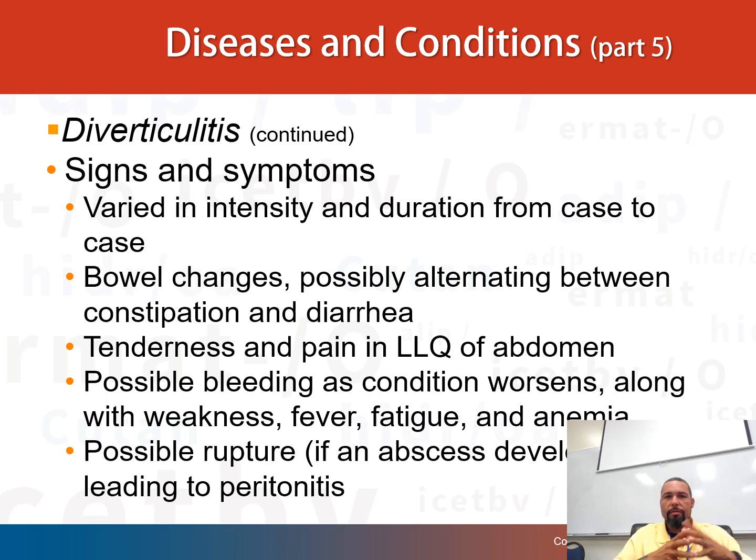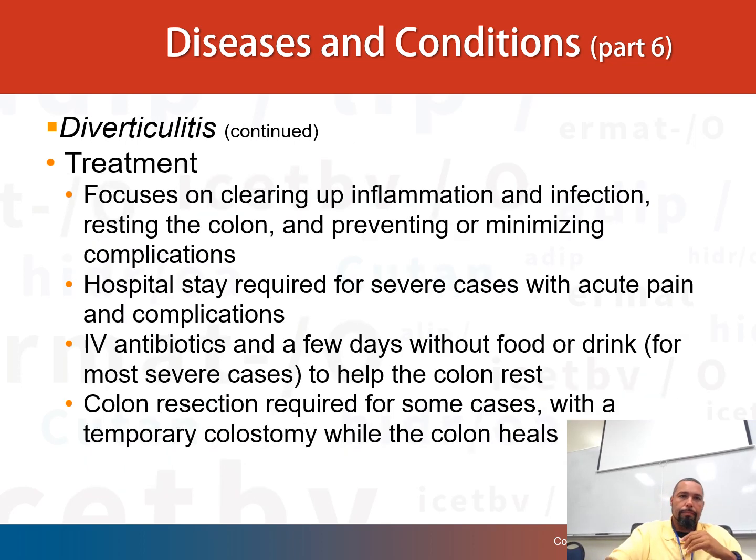Bowel changes, possibly alternating between constipation and diarrhea, are obvious signs. Tenderness and pain in the left lower quadrant of the abdomen. Possible bleeding as the condition worsens, along with weakness, fever, fatigue, and anemia. Possible rupture is also a possibility with this.